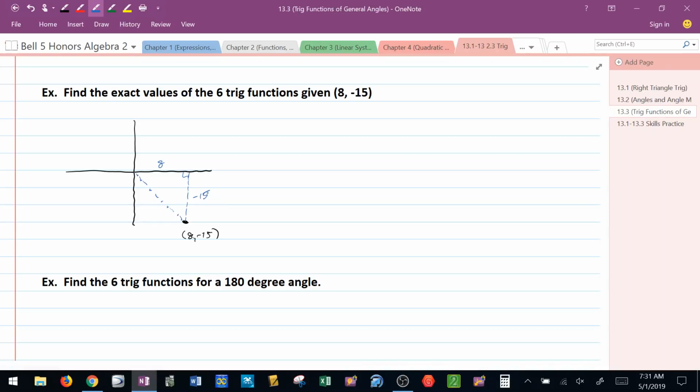So if I have -15 squared plus 8 squared, that gives me 289, and the square root of 289 tells me that r should be 17. Just by looking at its position, I was able to figure these 3 things out.